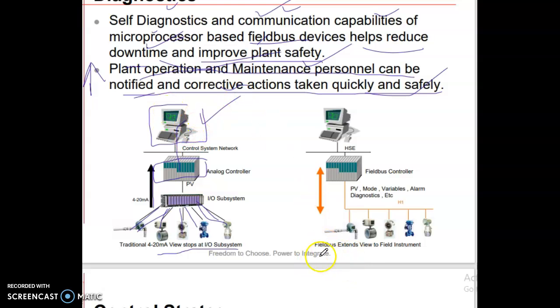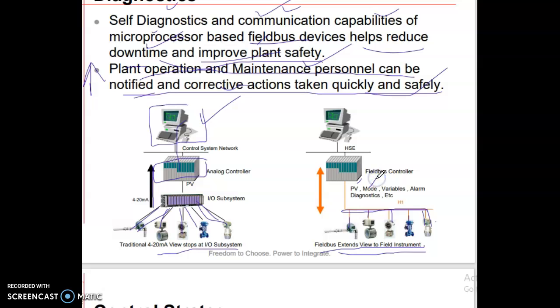Here Fieldbus extends the view to the field instrument. Fieldbus extends the view to the field instrument connected in the H1 Fieldbus: flow transmitter, pressure switch, pressure transmitter, actuator, control and so on.